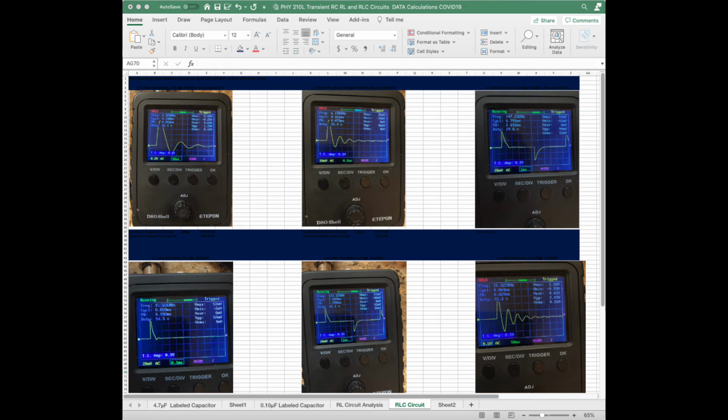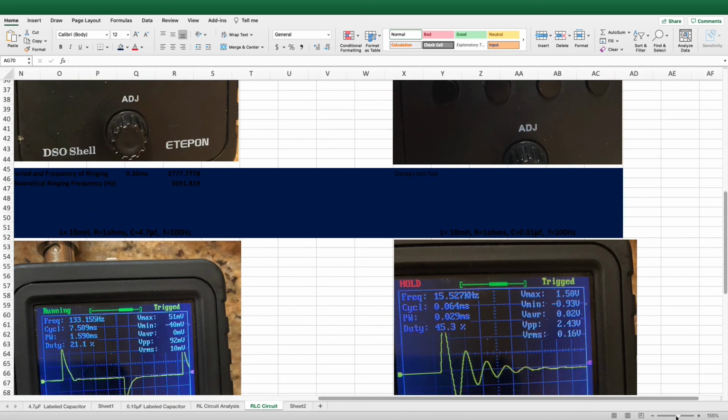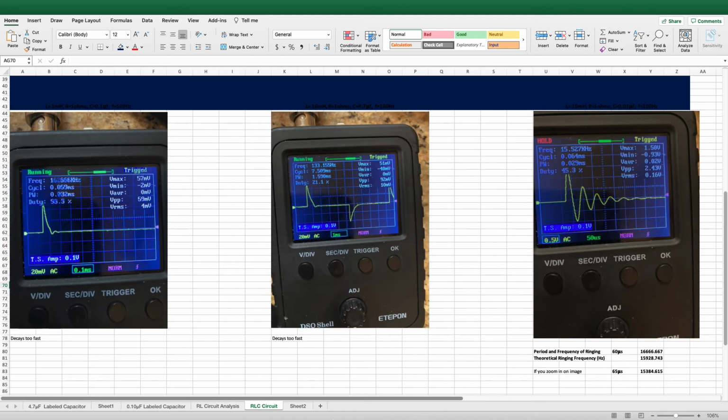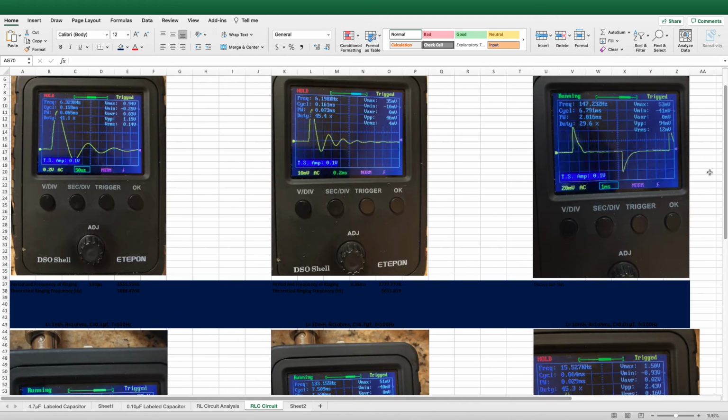This is data I've taken over the past year with the scope. I just took snapshots.